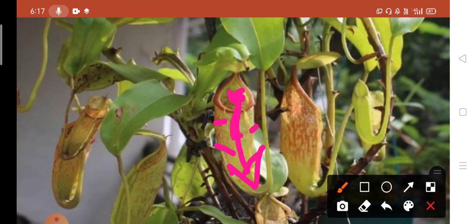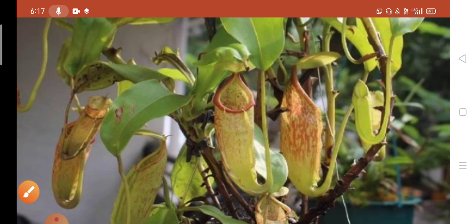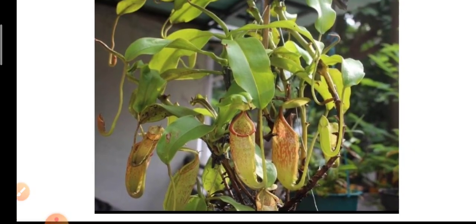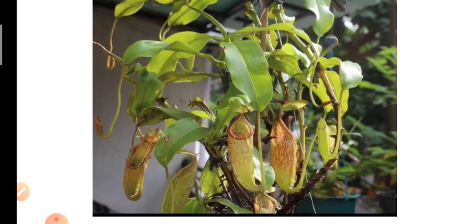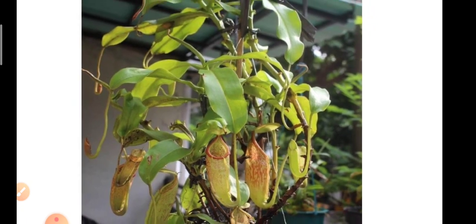Okay students, downwards, and here in the pitcher it is digested by the enzymes. So these plants can feed on the insects, so they are called insectivorous plants.